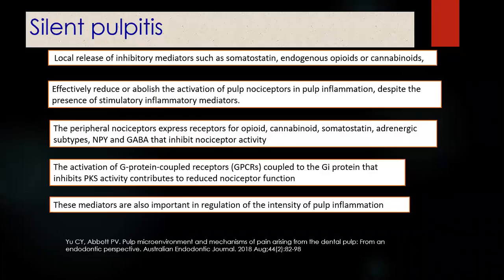So sometimes we have pulpitis, but it is symptom free. We do not have any pain. So we see varied patients. Some patients are having extreme pain. The others are not having pain and it's almost gone.